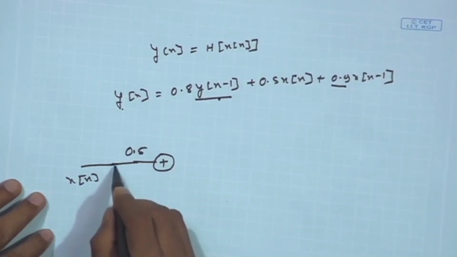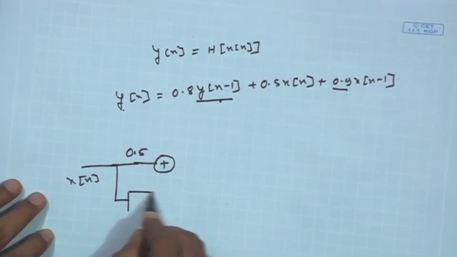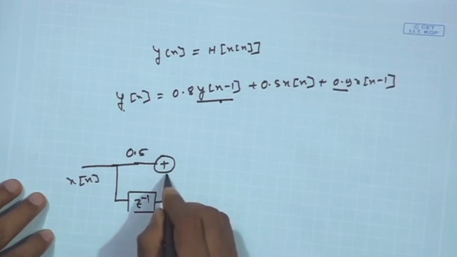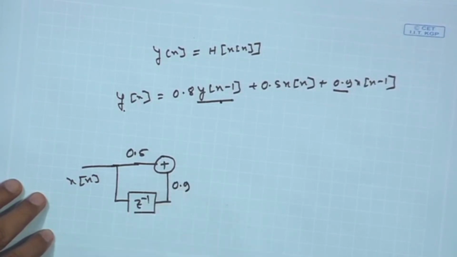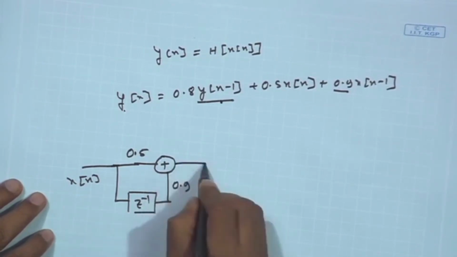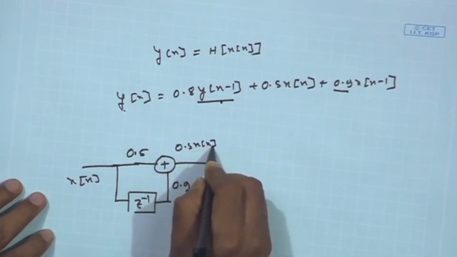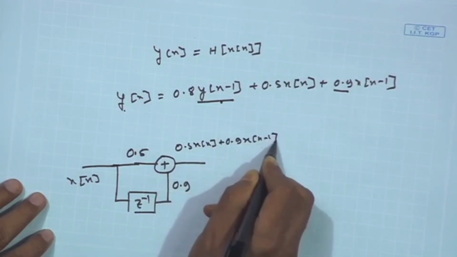So, I take one x n input here and apply a z to the power minus 1 delay. Z to the power minus 1 represents one sample delay, and it is added with this signal with an amplitude of 0.9. So, the output is nothing but 0.5 x of n plus 0.9 x of n minus 1.